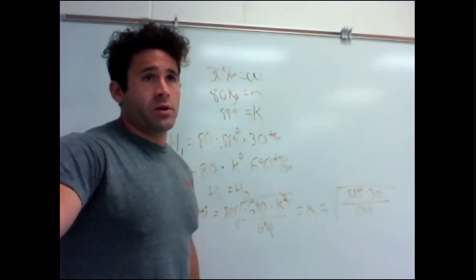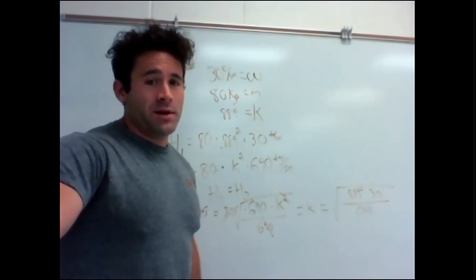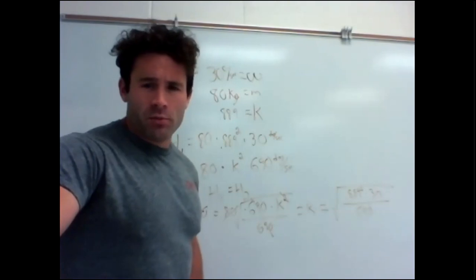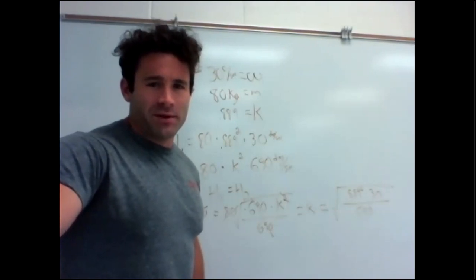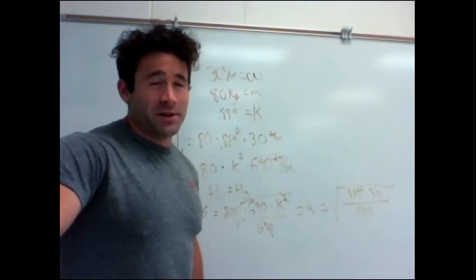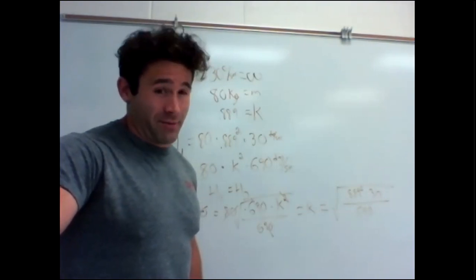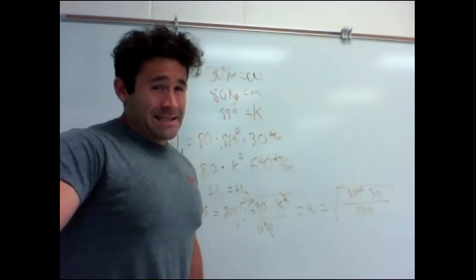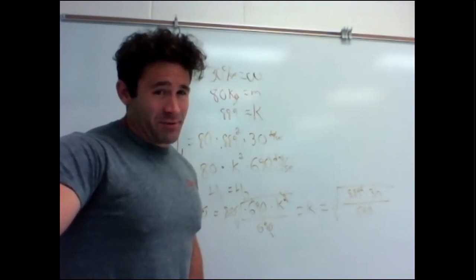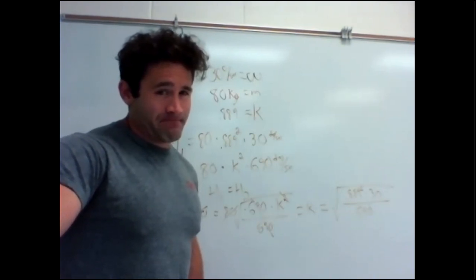So you'd end up with essentially 0.39, or sorry, no, 0.37 meters. And 0.37 meters is a little over 1.5 feet. Don't know how feasible that's going to be for a human being to tuck that tightly.